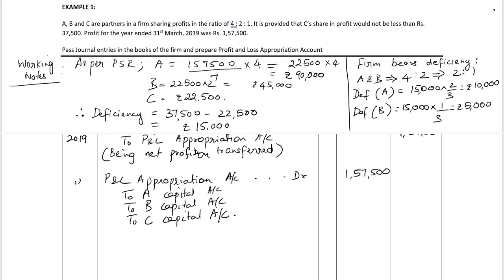A's share of profits rupees 90,000, B's share in profits rupees 45,000 and C's share in profits 22,500. Being profits distributed to the partners' capital account.